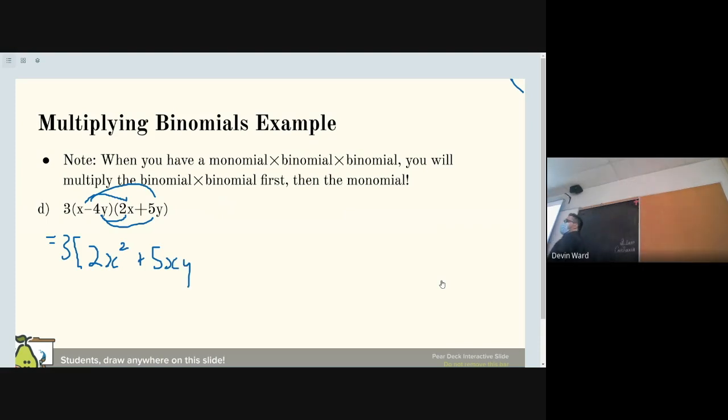Okay, they're 2 separate variables, so we have to leave them as separate variables, okay? And then we usually just go in alphabetical order for the variables, okay? So we have x and y, x goes first, y goes second. Okay, if you were to have x, y, z, you'd have x, then y, then z.